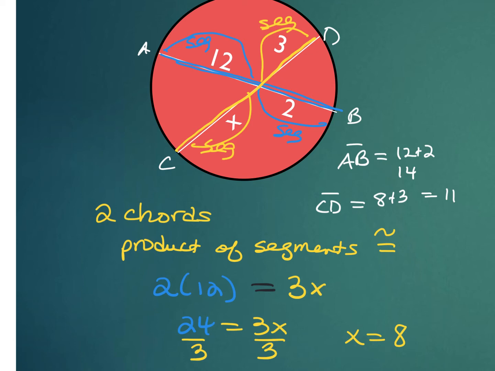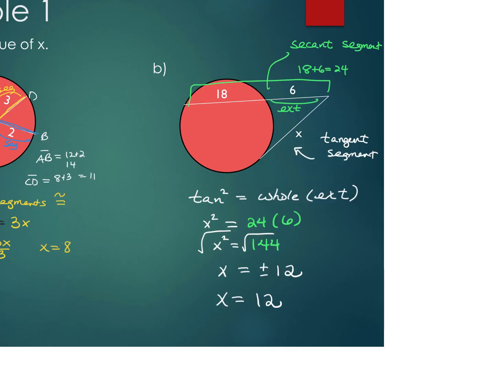Let's go ahead and go to example B. Okay, so this second picture is a picture of a tangent and a secant segment. The formula we're going to use is tangent squared is equal to whole secant times the external piece.